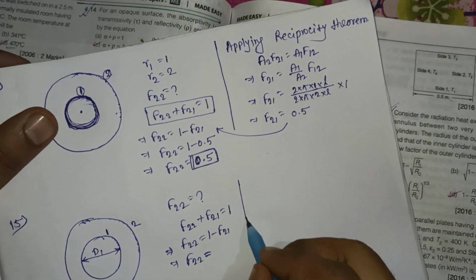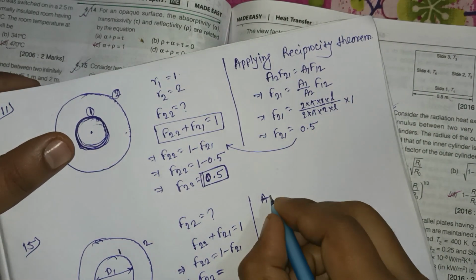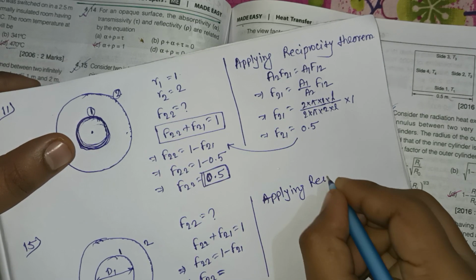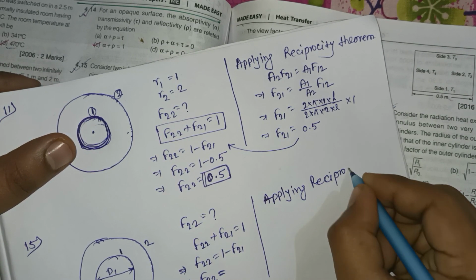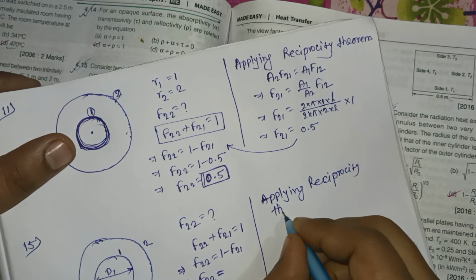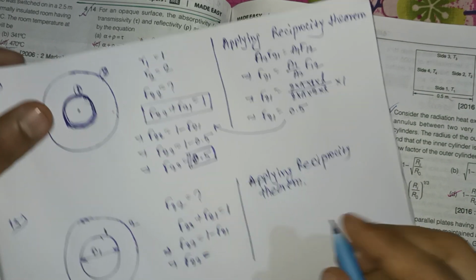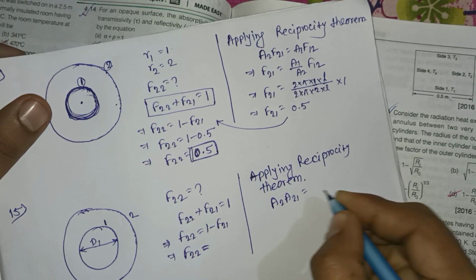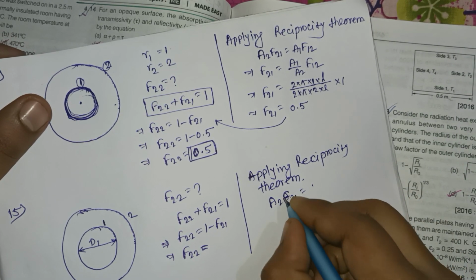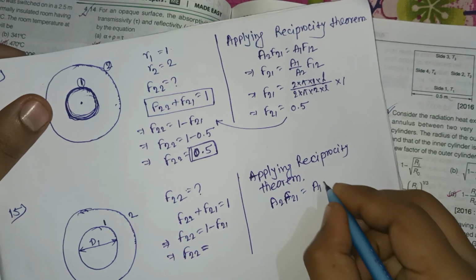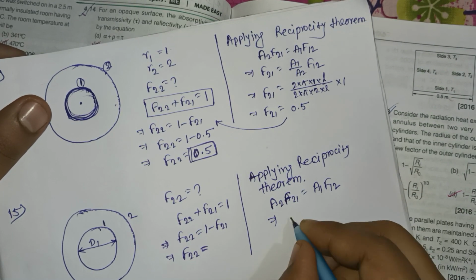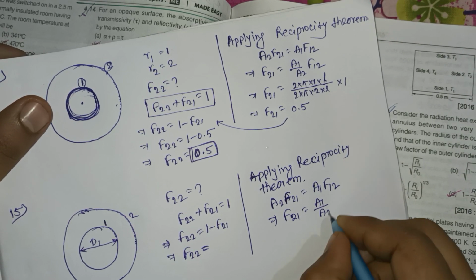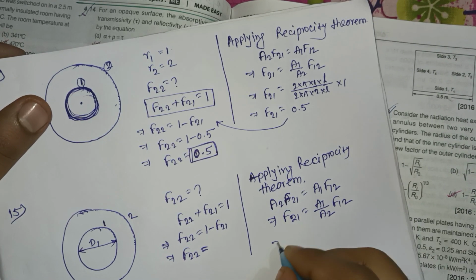Applying the reciprocity theorem, A2 F21 is equal to A1 F12. From here, F21 is A1 by A2 into F12.